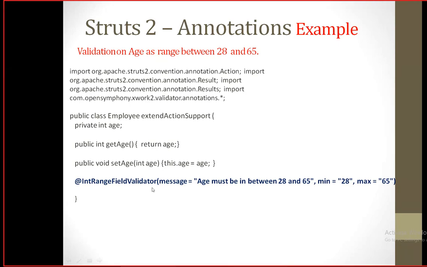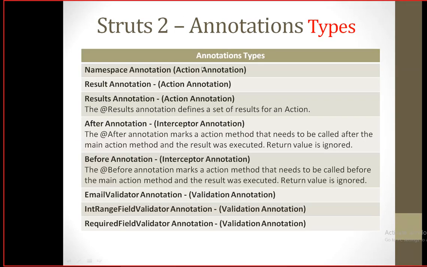Now, what we have done, we have just replaced the validate function. Instead of using the validate function, we are just using the annotation in its place. By default, in the background, it will create the validate function, but we have just minimized that process. Instead of defining that entire function, we are using an annotation. That's all. So these many annotations are provided by the Struts2 framework, right?